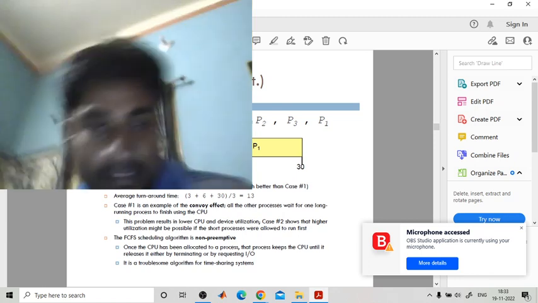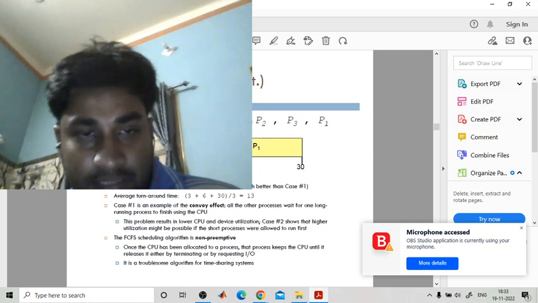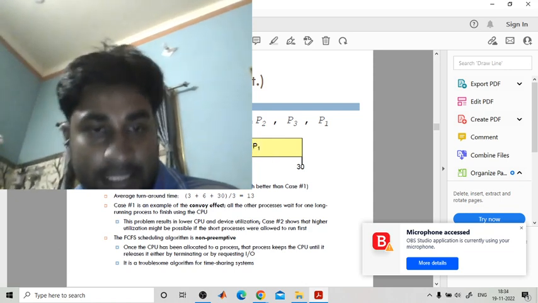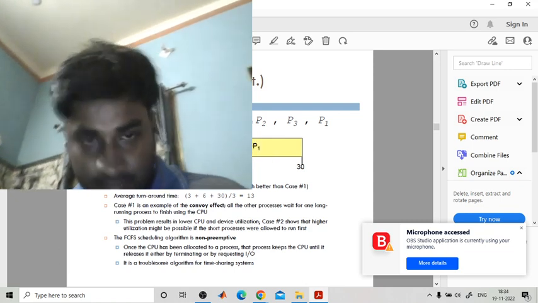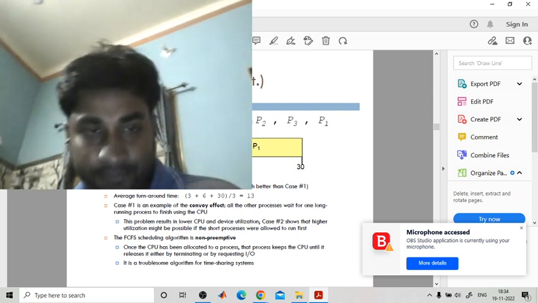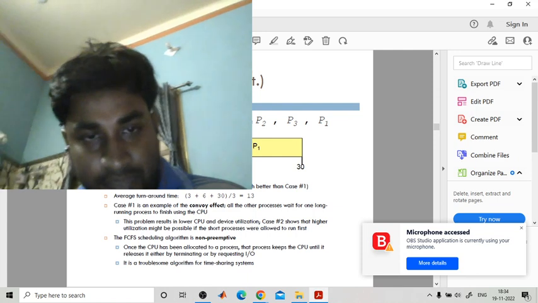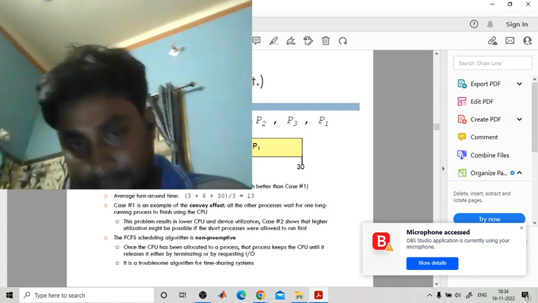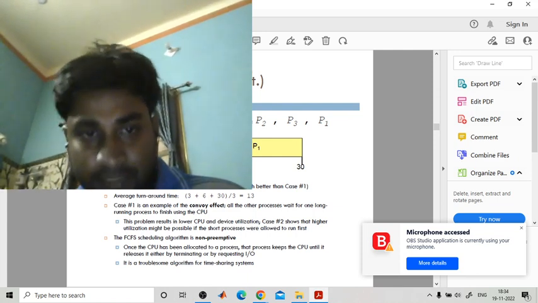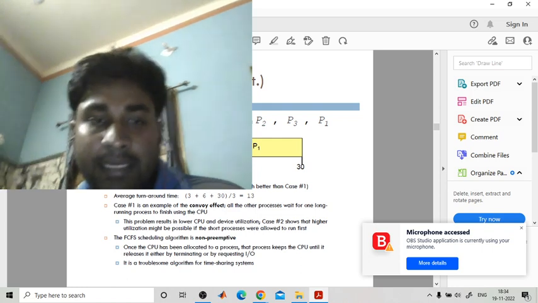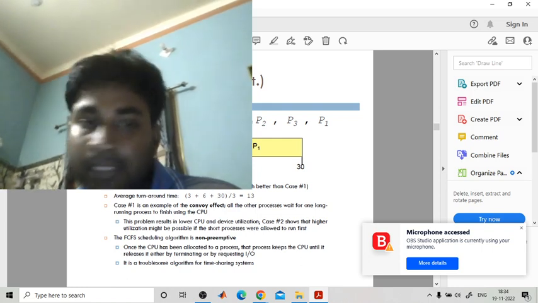In this case, P2 will be given the CPU first, P2 will execute, and then P2 will leave. Then P3 will be given the CPU from 3 milliseconds, it will execute and then it will leave. Then P1 will be given the CPU and it will execute, then it will leave.